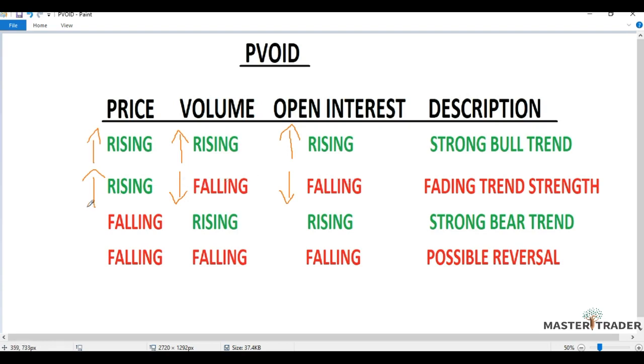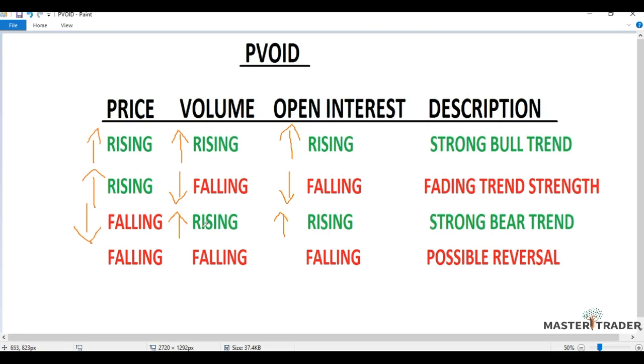Now let's say price is falling, price is in a bearish trend, and volumes are rising in that particular instrument. Along with volume, open interest also starts to go up.